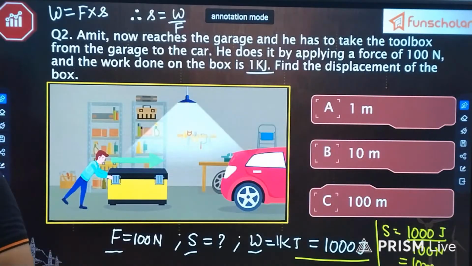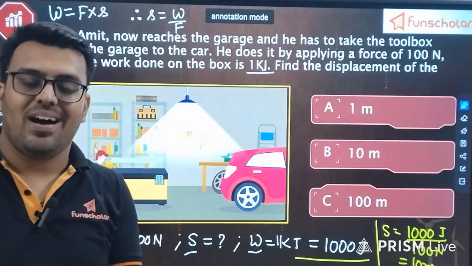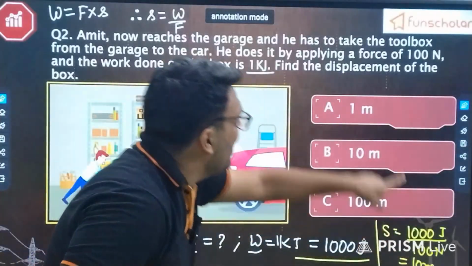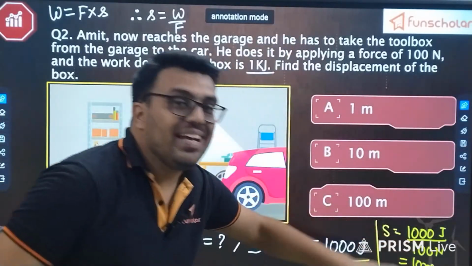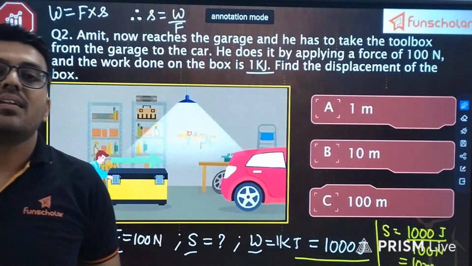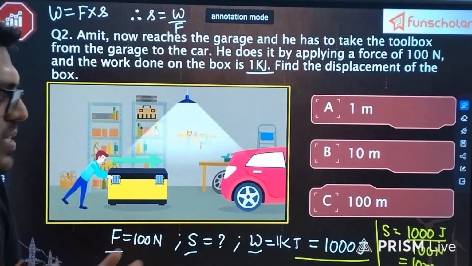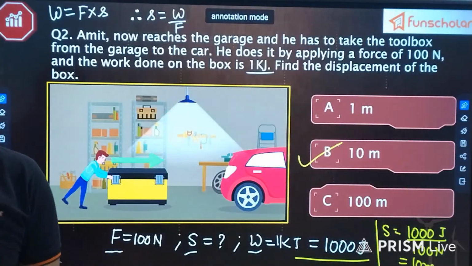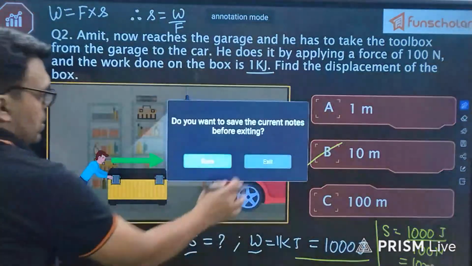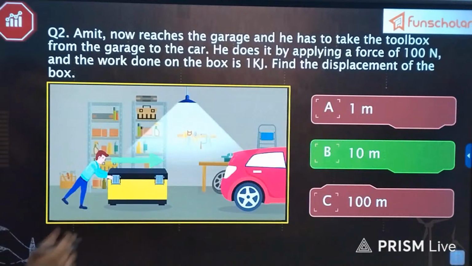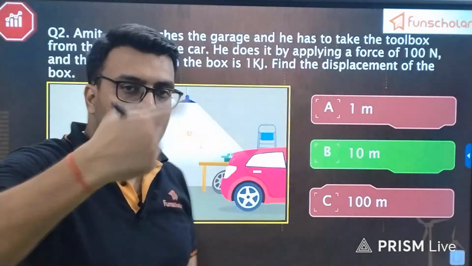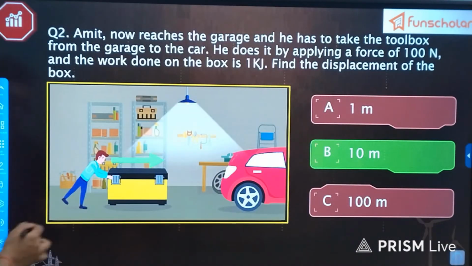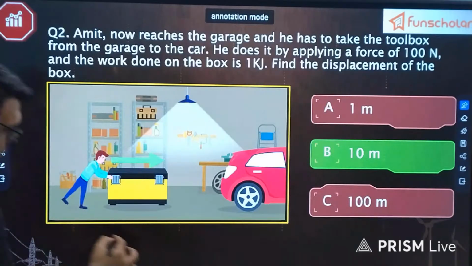Now you can try to do it in reverse also and find out the answer. If you multiply 10 with 100, you will get 1000, and that is the work done given. So for us, the answer is going to be 10 meters. Let's check it out. Option B, it is 10. You can also cross check. How? You just have to substitute the value.